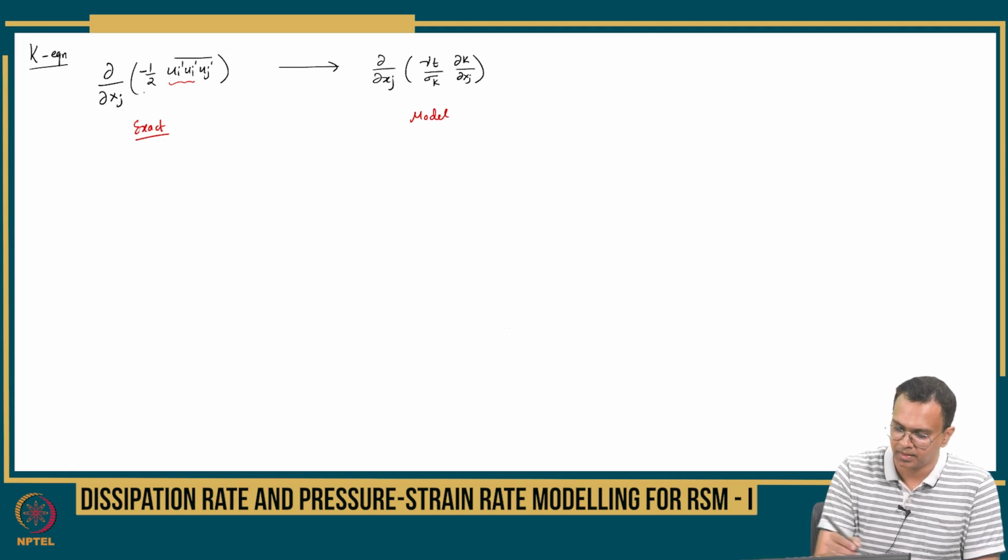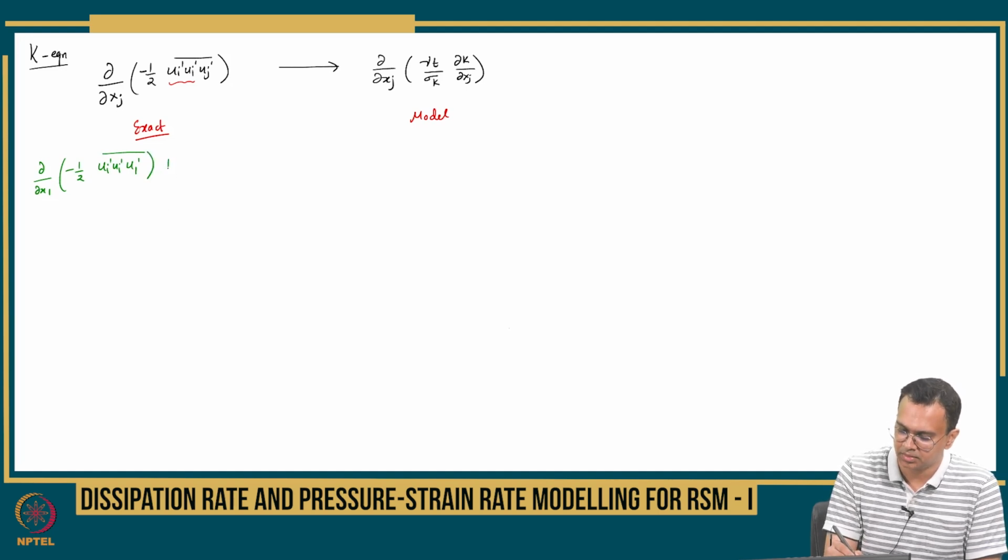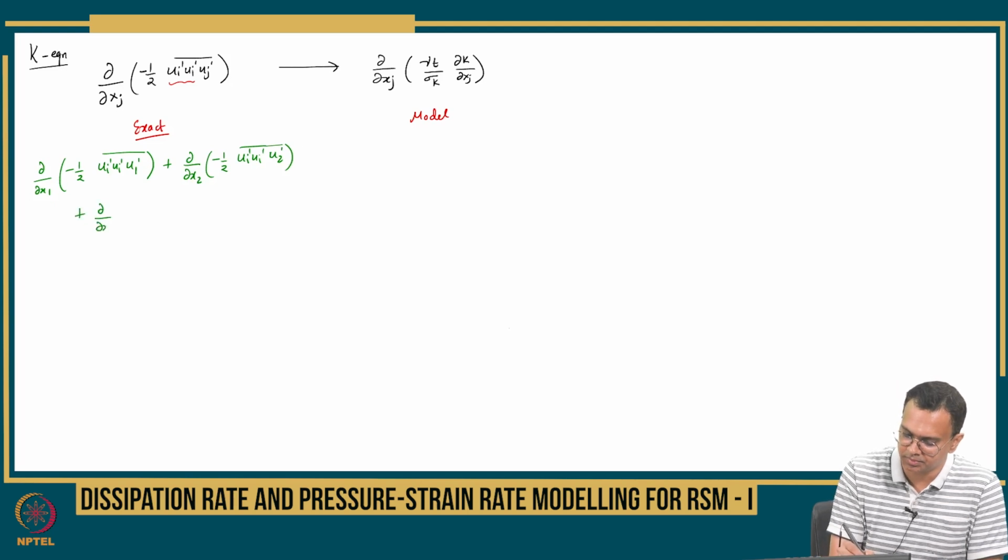So I would get this particular term as dou by dou x1 of minus half ui prime ui prime u1 prime, representing the diffusion along the x1 direction, and the diffusion along the other direction, dou by dou x2 of minus half ui prime ui prime u2 prime, plus the diffusion along the third direction, minus half ui prime ui prime u3 prime.